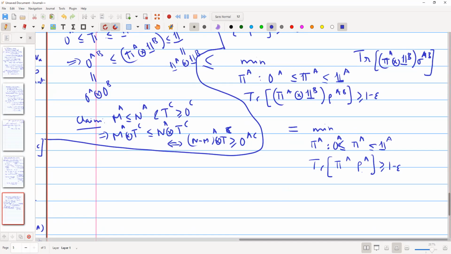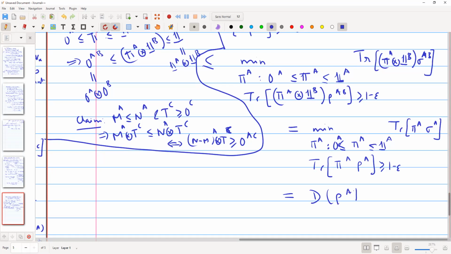So if you have expressions like the trace of something tensor identity multiplied by some joint matrix, then what I can do is trace out the system B on which I have done the identity. So I can trace out the system B out here, that will give me a rho A, and here this matrix pi will come out. And similarly, this is the same as trace of pi A sigma A. It's exactly the same. But by definition, this is D of rho A.